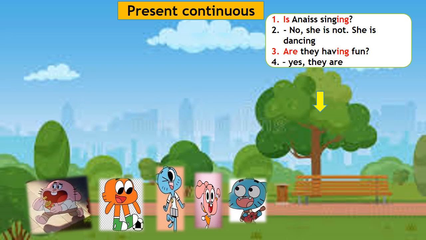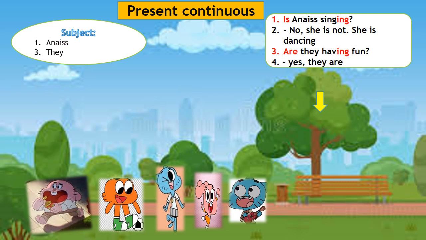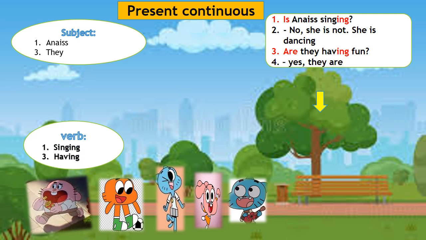Last but not least, number 1. Is Anais singing? No, she is not. She is dancing. Are they having fun? Yes, they are. The subject in sentence number 1 is Anais. Number 3, they. The verbs in sentence number 1 and number 3, singing and having.